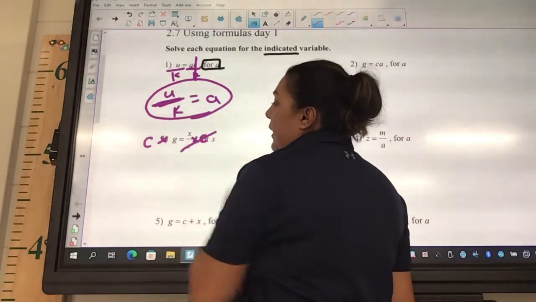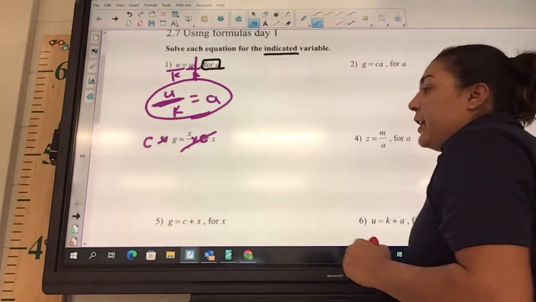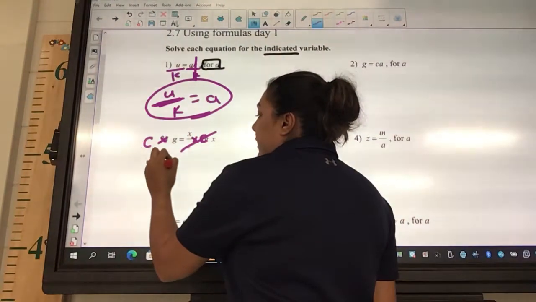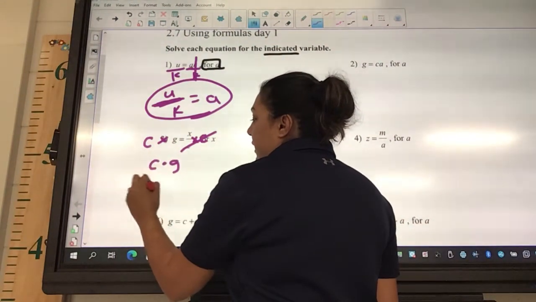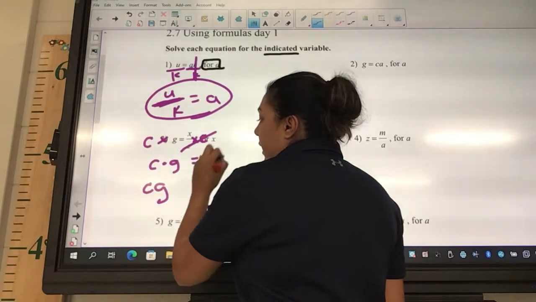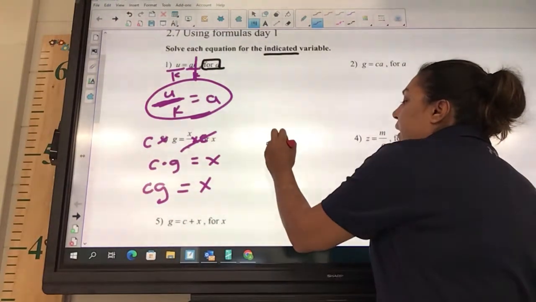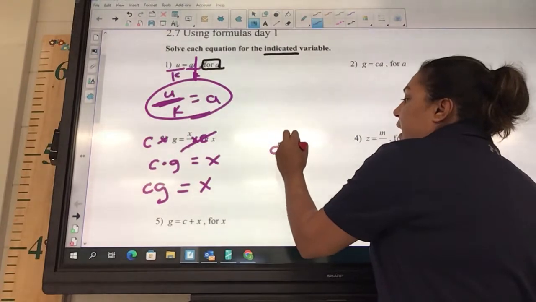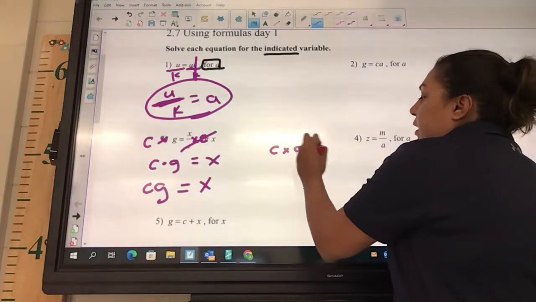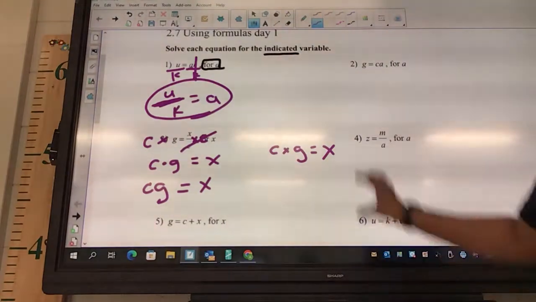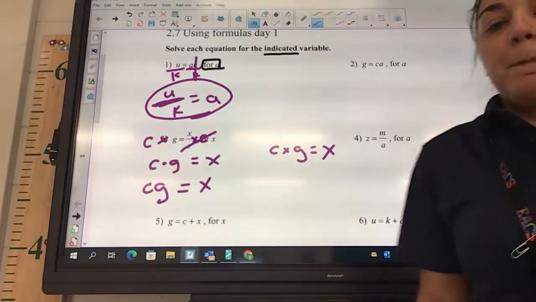So I get C times G, or CG, equals X. I would not use the version with the times sign, but any of these three are totally fine.